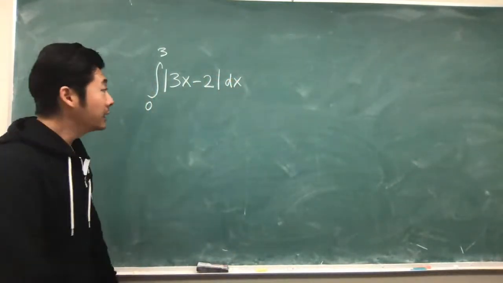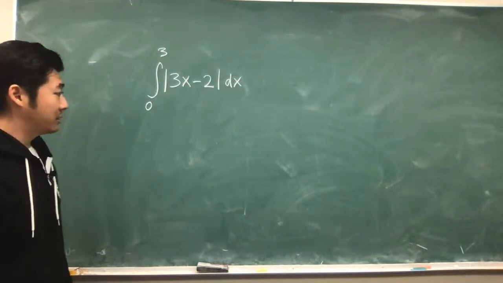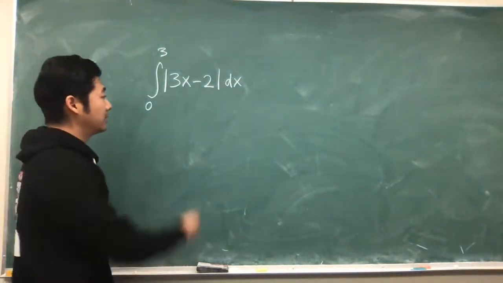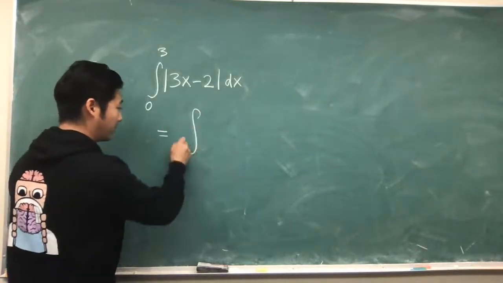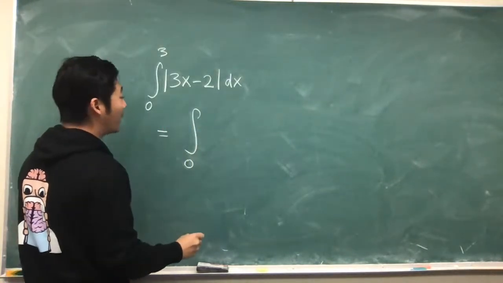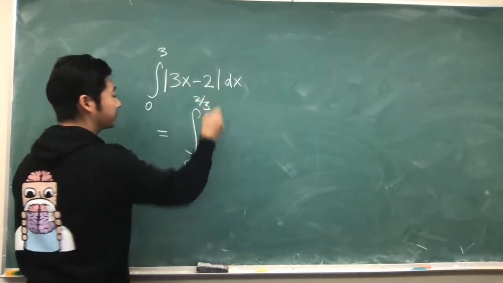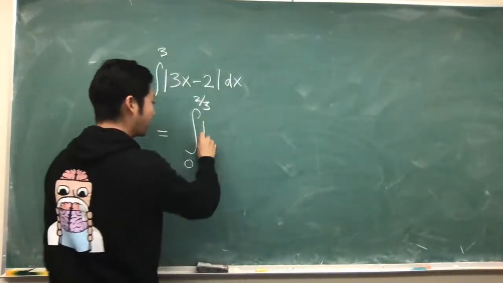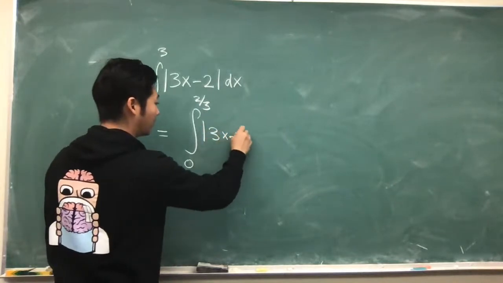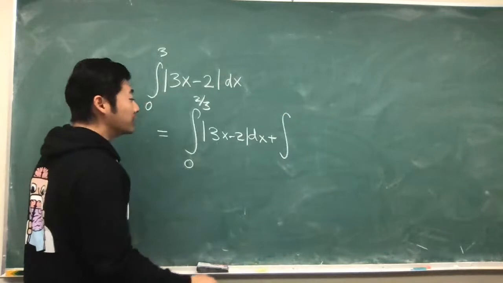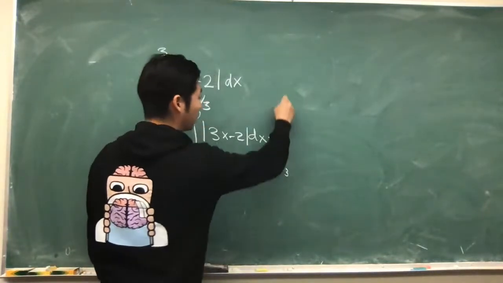The idea is you want to split it up into 2 regions where you know how the function looks like. So we can split the integral up from 0 to 2 over 3, and 2 over 3 to 3.